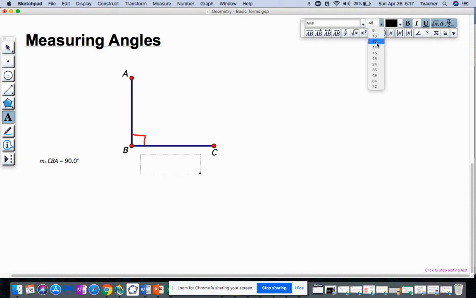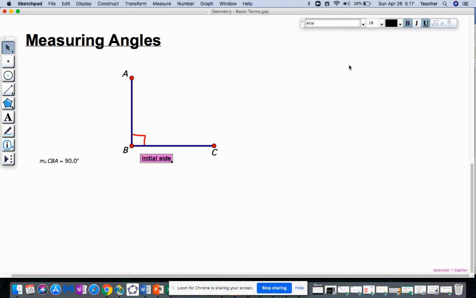This is called the initial side, and here's where some people get confused with how to use a protractor, because the protractor is the device we're going to use to measure these angles. So the initial side is, in this case, going to be here.